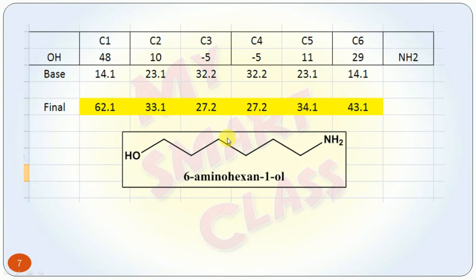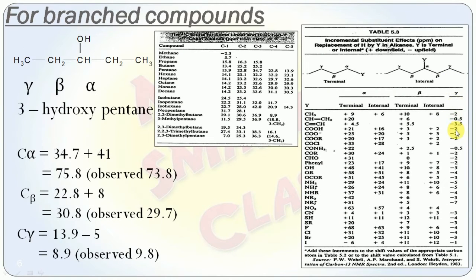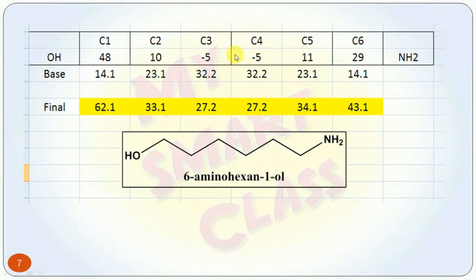And for C3, gamma hydroxy, there is no issue of terminal or internal because there is no bifurcation for gamma, so it is directly given as -5. So the value is written -5. Now after summation of these, we get the values for carbons 1, 2, and 3. There is no effect on C4 by OH, so we are not adding the OH parameter, but C4, C5, and C6 are affected by amino.